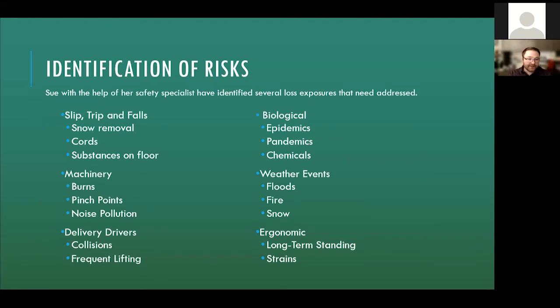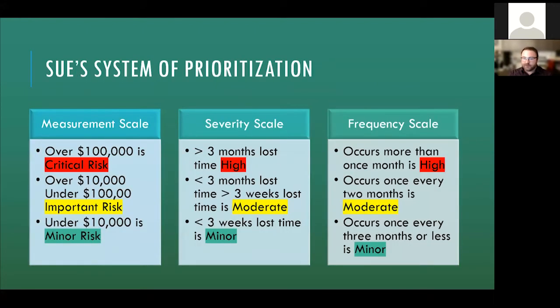And so some of this is going to rely on best judgments or some observations about other organizations, and you can look at data online. But essentially, Sue and her safety specialists have come up with their system of prioritization. They look at their measurement scale and say, okay, anything over $100,000 is the critical risk.